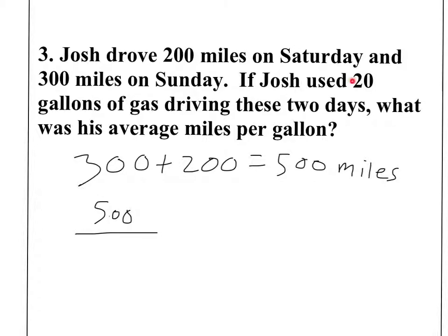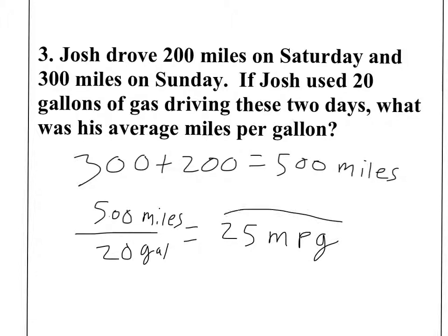And the amount of gallons they used was 20 gallons. So 500 miles over 20 gallons, when we divide these numbers together, we get 25. And it is 25 miles per gallon, as that is abbreviated. And that would be my answer for number 3.